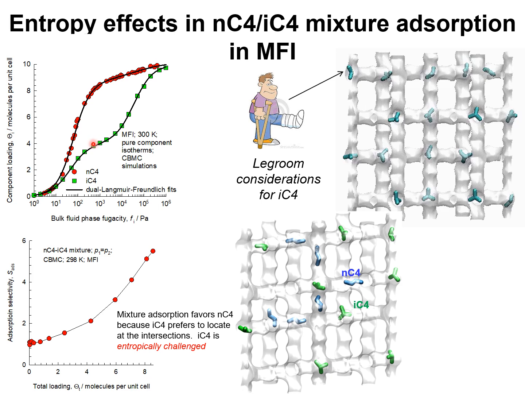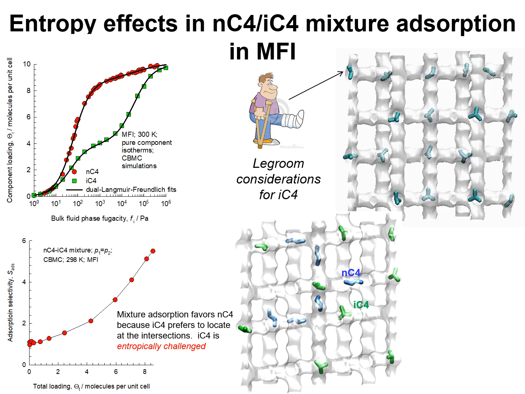Per unit cell of MFI zeolite, there are 4 intersection sites, and isobutane prefers to locate at the intersection sites because of legroom considerations. It's configurationally easier for isobutane to locate at the intersection sites.